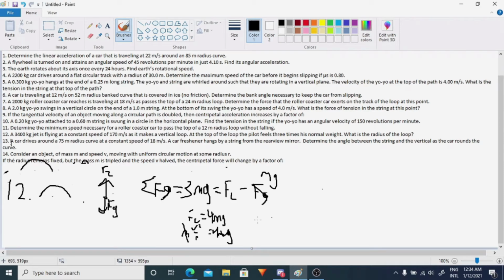So once we solve, we get the radius of the loop is 736 meters, which is our final answer.